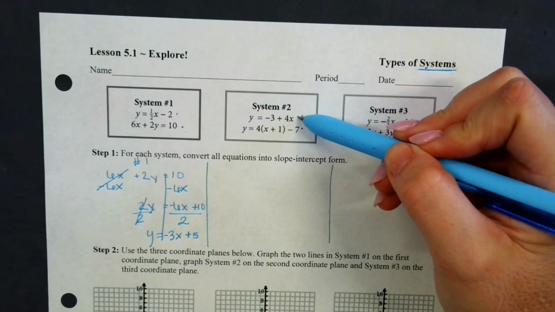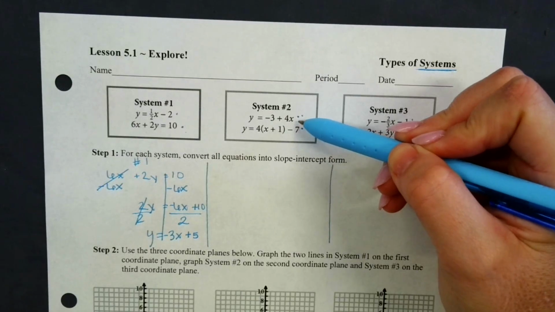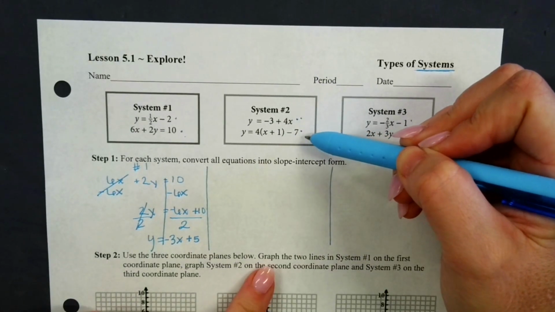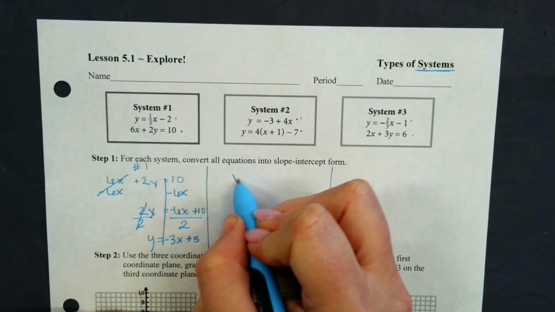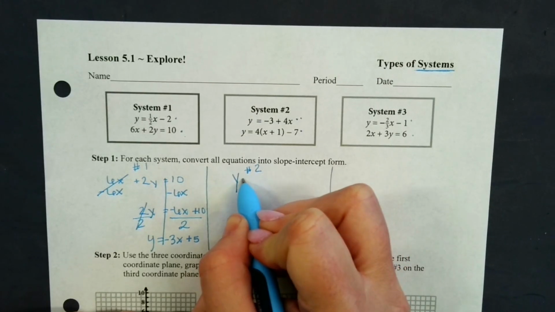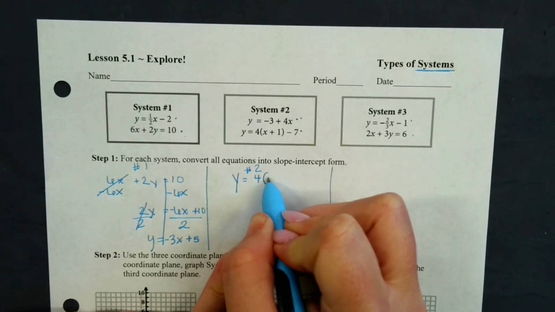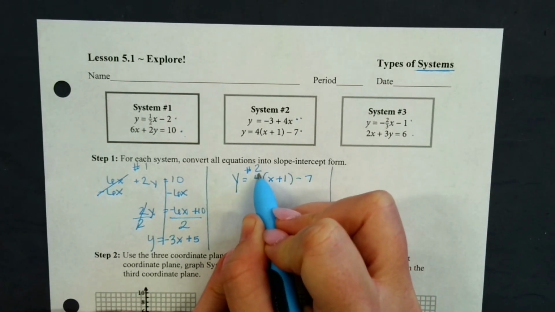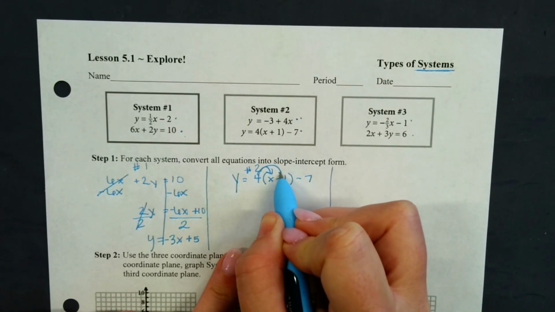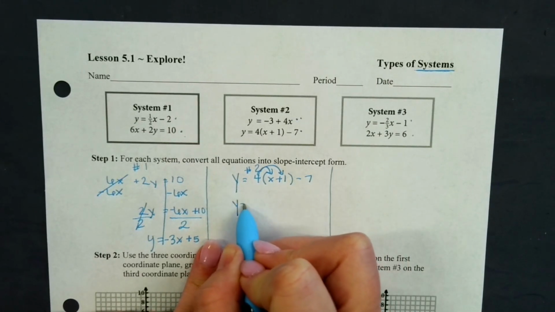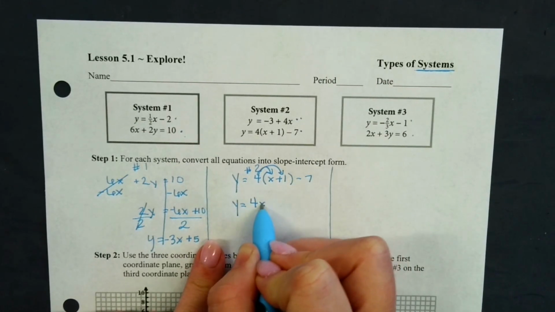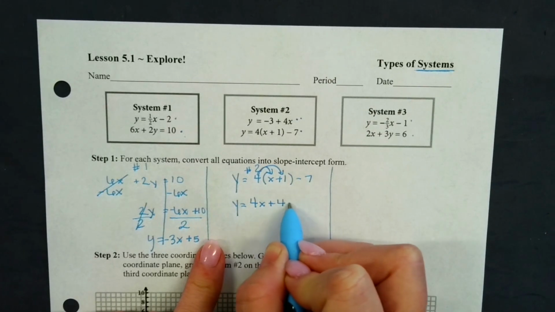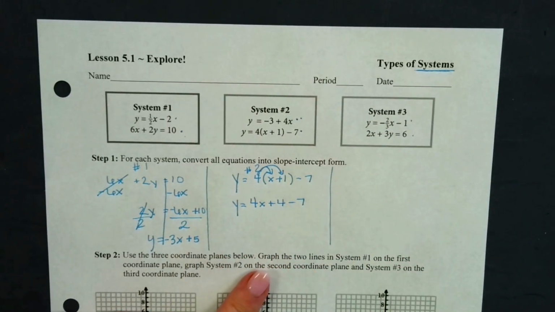Do I need to convert this system at the top there, that equation? Do I need to convert the bottom one? Yeah, it's not as much converting, but I'm going to distribute that 4. So I have y equals 4x plus 4 minus 7.